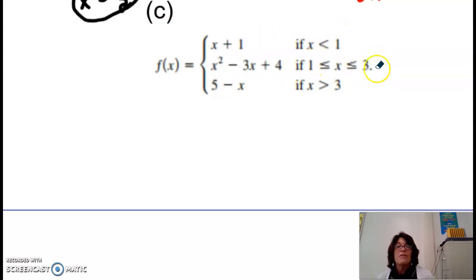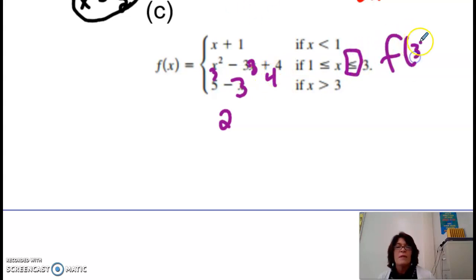Now let's look at 3. If I put 3 in here, I get 3 squared is 9, minus 3 times 3 is 9, so that's 0, plus 4 is 4. If I put 3 in here, 5 minus 3 is 2. So f of 3 equals 4, because notice that's where the equal sign is.